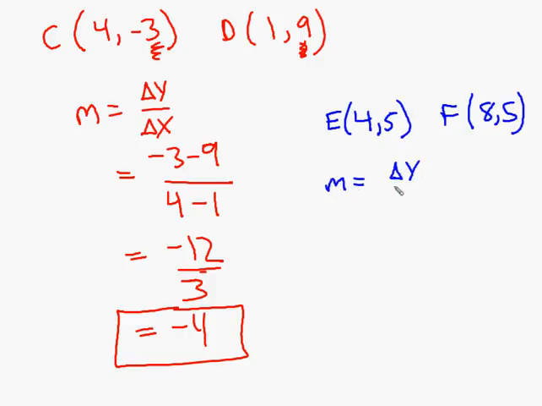So I have my change in y over change in x. Well, yep, let's do it in steps. So it would be 5 minus what? And 4 minus 8, which is 0 over -4.